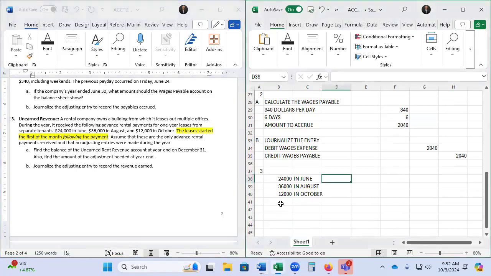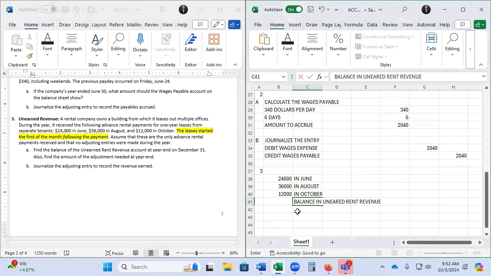So if no adjusting entries were made, then the balance in unearned rent revenue would be the total of those accounts. So 72,000.